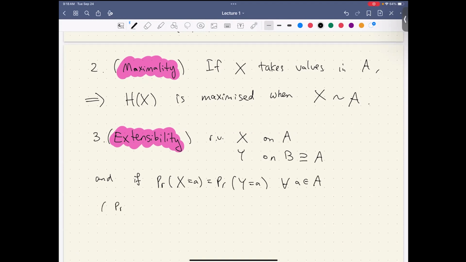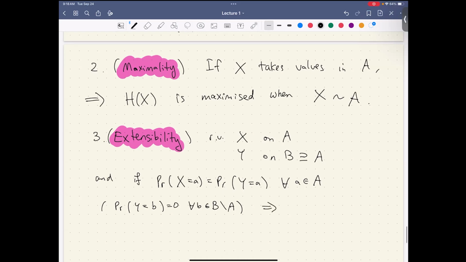This in particular implies that the probability that y equals b is 0 for any b in B minus A. So in this case, they have, again, the same entropy.